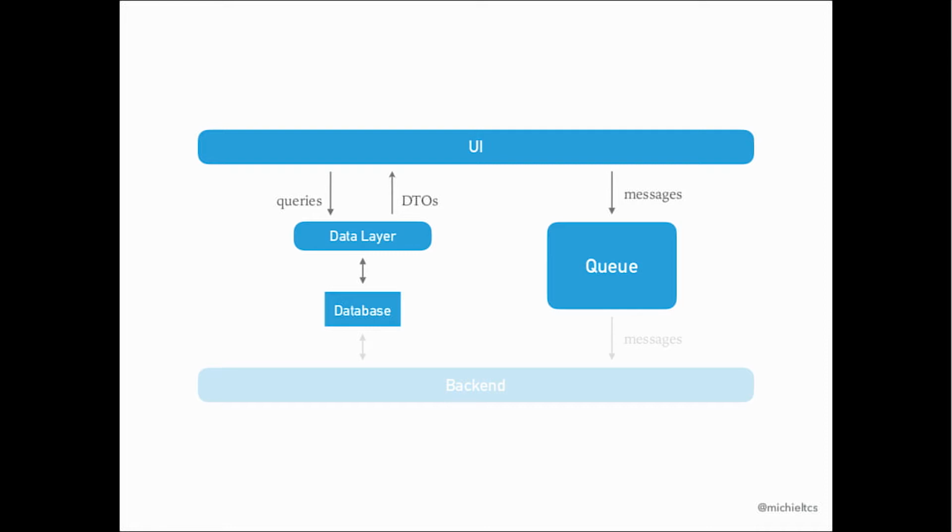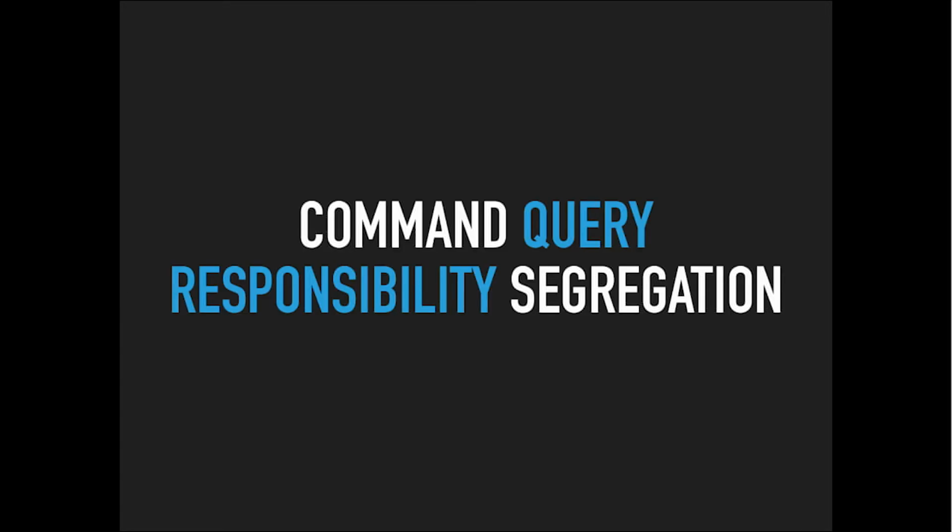Now, another pattern which I use a lot, but mostly in the context of event sourcing, but it can be applied here as well, is CQRS. CQRS stands for Command Query Responsibility Segregation, and that's a mouthful, especially at 10 a.m. But basically what it means is that we separate the write from the read.